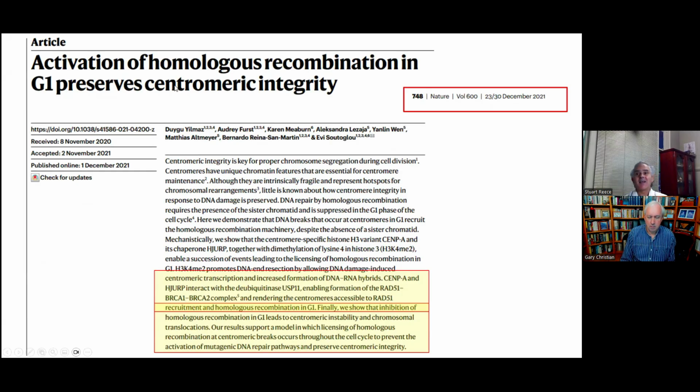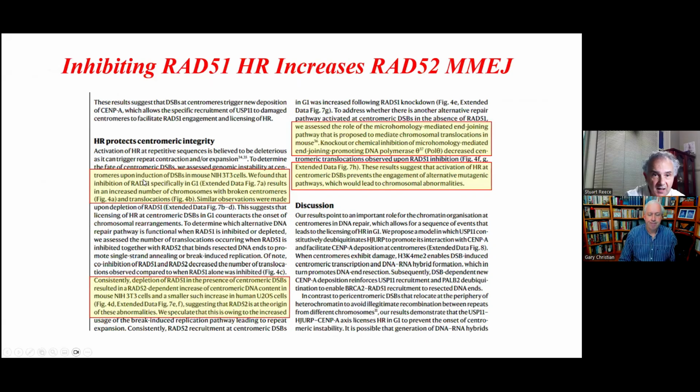In other words, if there's no integrity at the center of the chromosome, it's going to come unstuck off the spindle, right? So homologous recombination is a mechanism of DNA repair. There are many mechanisms of DNA repair. This is high fidelity repair. And we've just seen how much damage is being done.